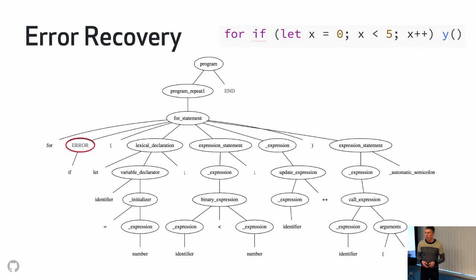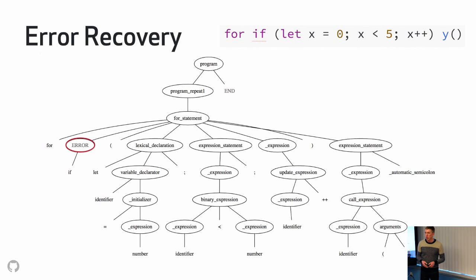When it gets to a syntax error, it splits the parse stack into two or more branches that each try a different way of recovering from the error. So here, there will be one branch that skips the word if, and then one branch that pops off the word for and tries skipping that. And they'll both proceed for a while until one becomes clearly better than another.